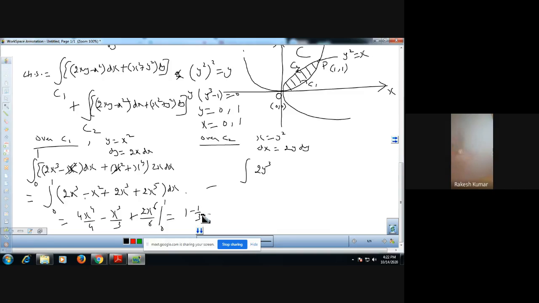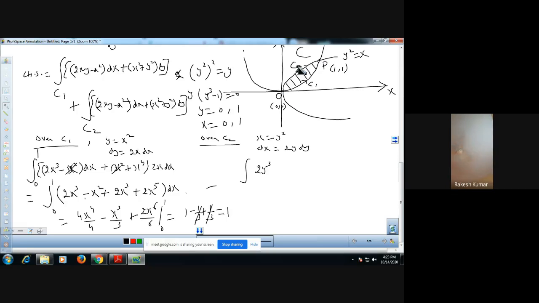So this is 1 minus 1 by 3 plus 1 by 3. Ultimately, it is 1. So this comes out to be 1 because this will be cancelled. Over C1, the value of the integral is 1. This is curve C1, O to P.